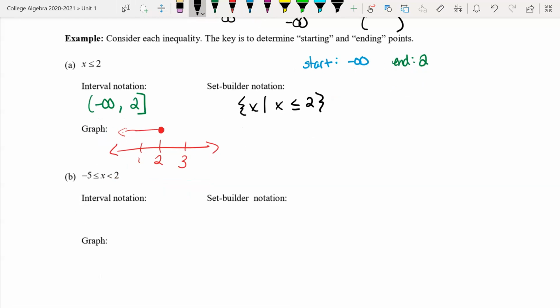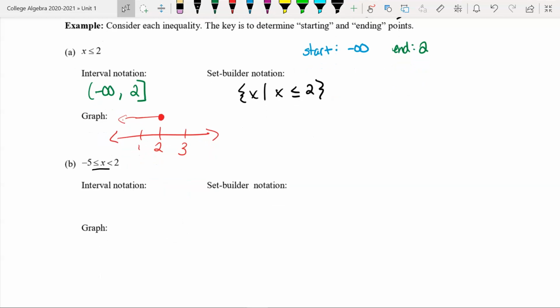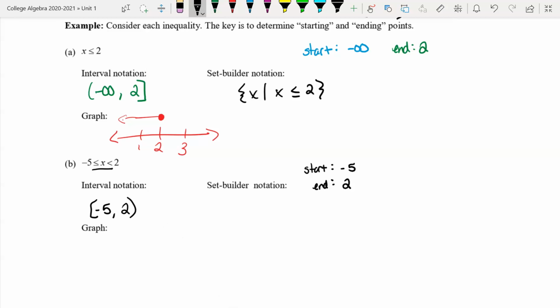All right. Last example, again, something different here. There are 2 inequality signs. My start would be the left at negative 5, and my end would be at 2. In interval notation, negative 5 has less than or equal to, whereas 2 has just less than. So at negative 5 I use a bracket, and at 2 I use a parenthesis.